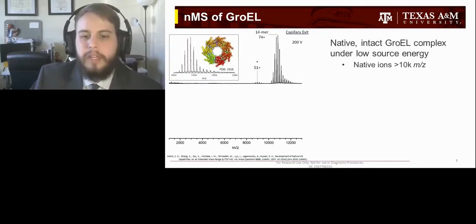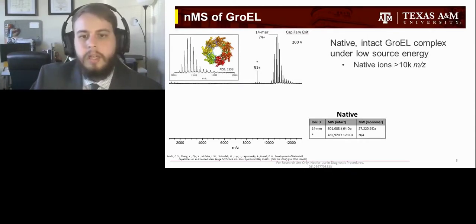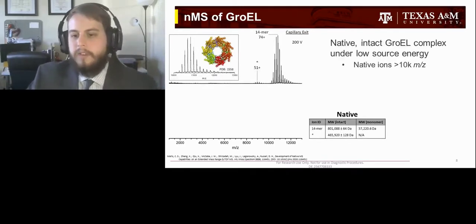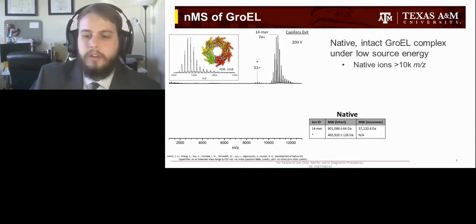So if we actually zoom in on this mass to charge range, we can see very well resolved charge states centered at 74, around 75 plus, and with signals going up to around 12,000 m/z for the intact complex. The zero charge molecular weight for this complex is around 801 kilodaltons, which again is in good agreement with the theoretical molecular weight of GroEL.